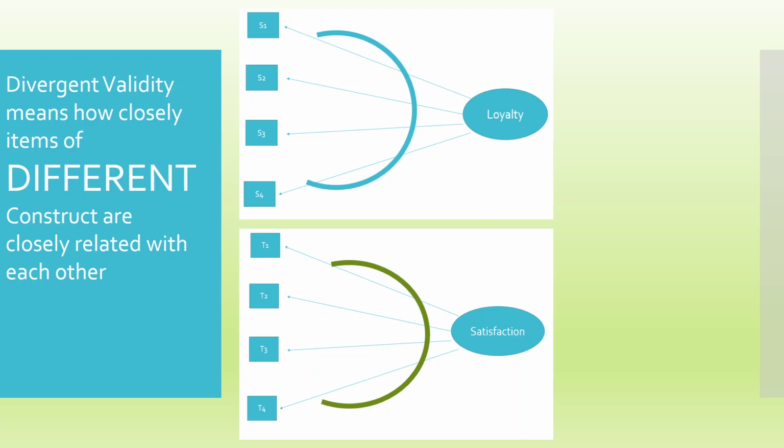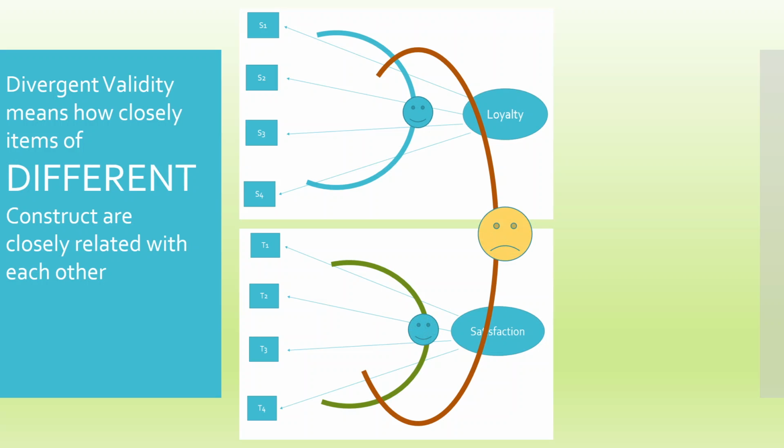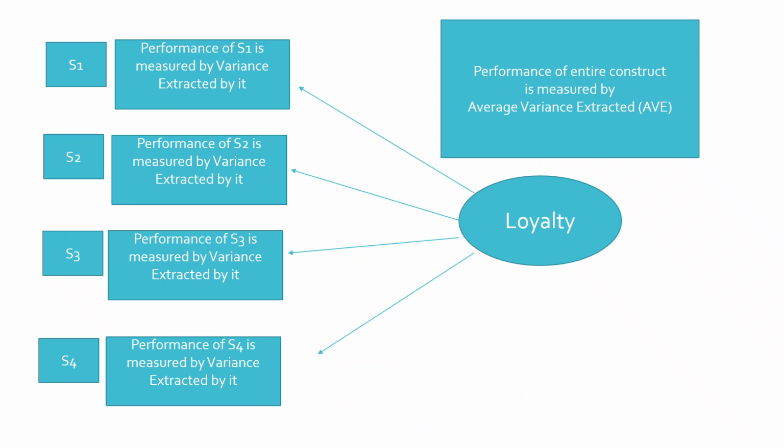We require a good degree of correlation among the statements of satisfaction. But we require a lesser degree of correlation among the statements of loyalty with the statements of satisfaction. So, I can say this is desirable, but this is not desirable. So, we have to check the convergent validity as well as the divergent validity.